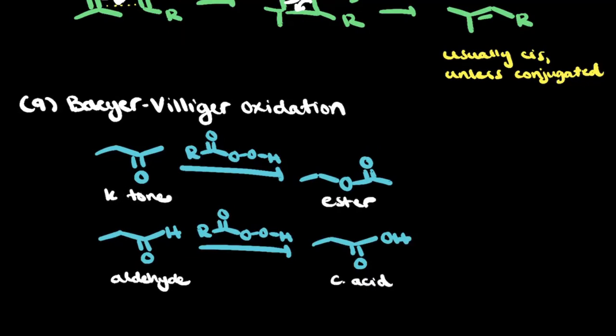So to go from your ketone to your ester, essentially, you are going to be migrating the larger group. And then here you migrate the hydrogen.